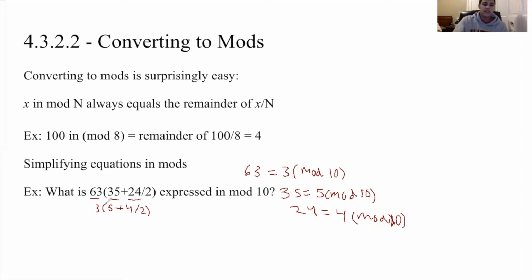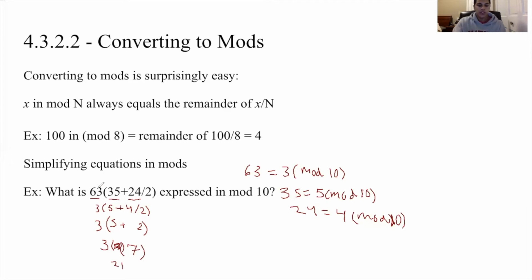And now instead of having to multiply 63 by 35 plus 24 over 2, which would definitely take a lot more calculations, we could probably even just do this question in our head. 4 over 2 is 2, 5 plus 2 is 7, and then multiply by 3 is 21. And I'll just write that out just for the simplification of it. So 3 times 7, and I know that looks like the letter A, 7, and that's equal to 21.